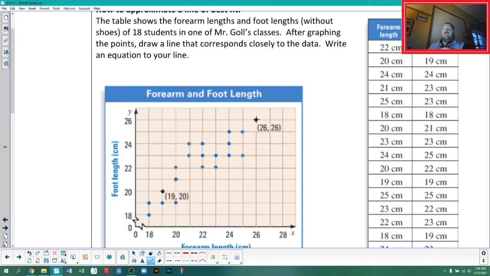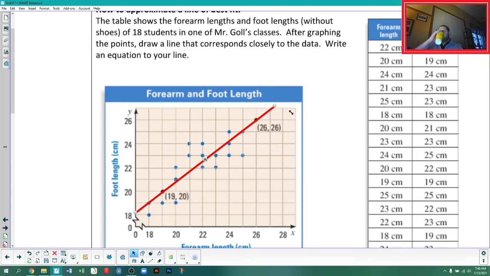I've already picked those 2 points for us: 26, 26 and 19, 20. In order to do this well, I want to pick 2 points that are quite a ways apart on my graph to help me decide what the equation is, and to see how well it fits the data.